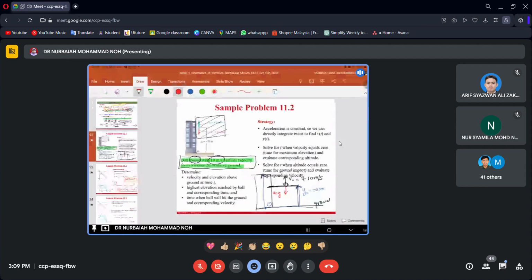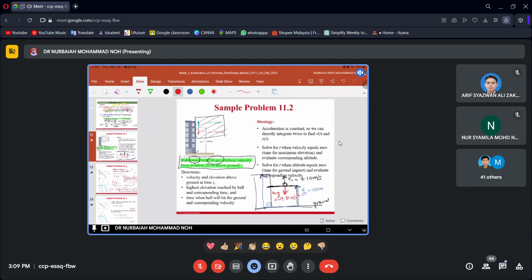Adanya constant acceleration which the value is equal to the gravity value, yang mana gravity value adalah equal to 9.81 meter per second square. Disebabkan directionnya ke bawah, pergerakannya di bawah, so you akan ada negative sign here.